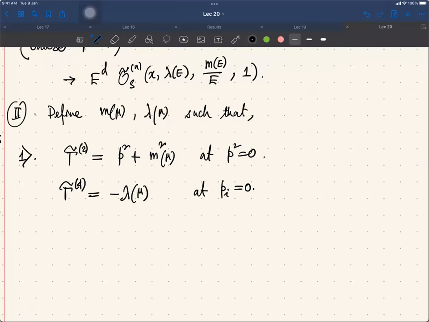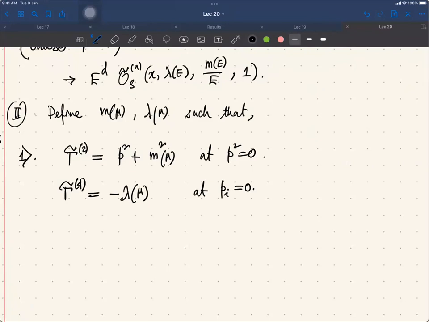So in terms of momentum space quantities, you are basically defining gamma tilde 2 to be the effective coupling at p squared equal to 0. Similarly, you take gamma tilde 4. Gamma tilde 2 and gamma tilde 4 both have general expressions for non-zero values of p.